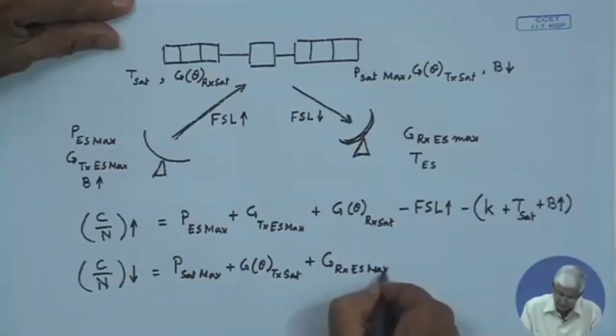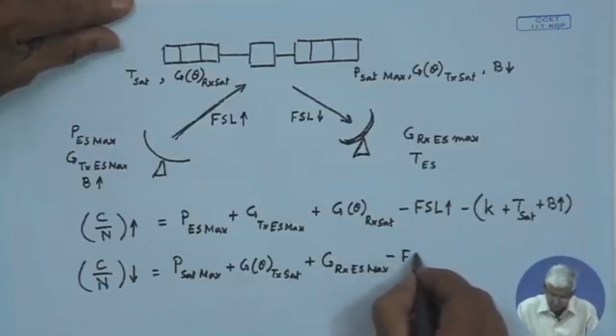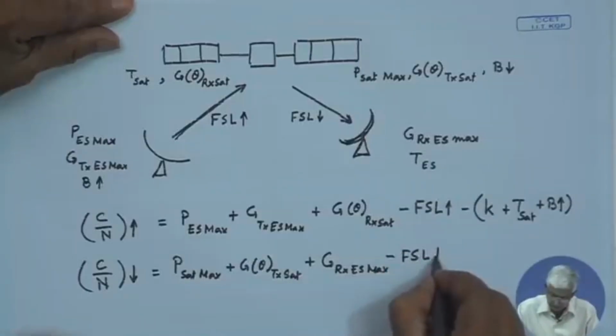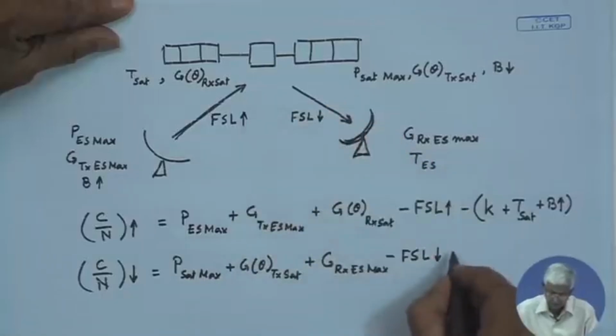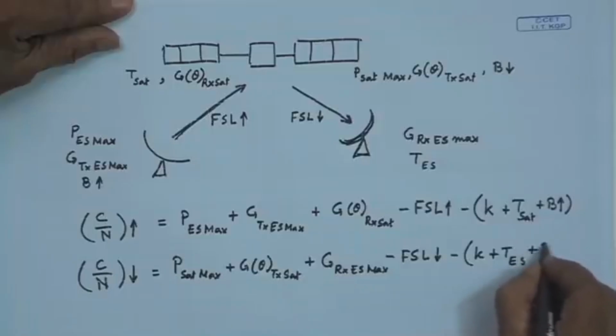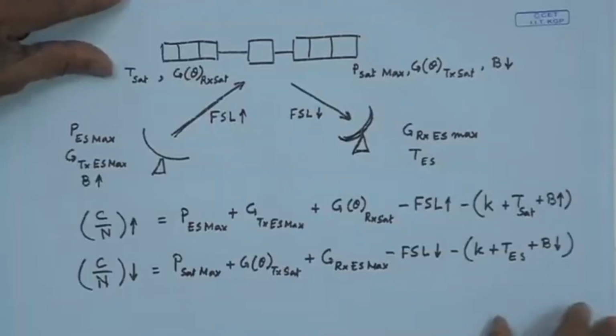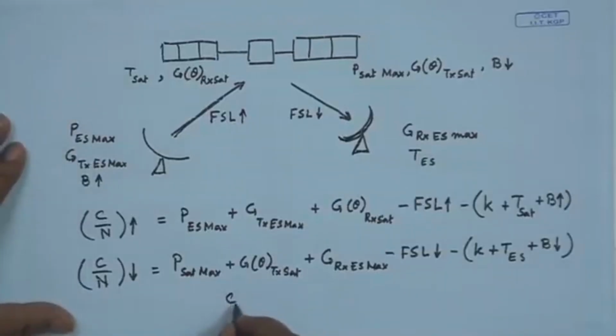These G's are the gain of the antenna, minus the free space loss in the downlink, which is nothing but downlink path loss, minus K, the station noise temperature, system noise temperature, and the bandwidth. Fine.